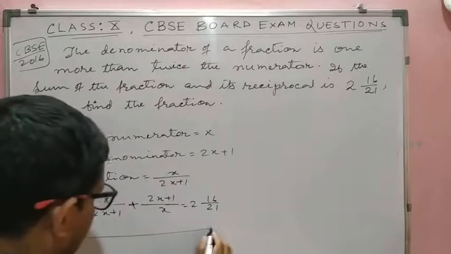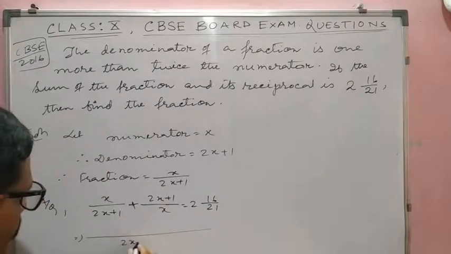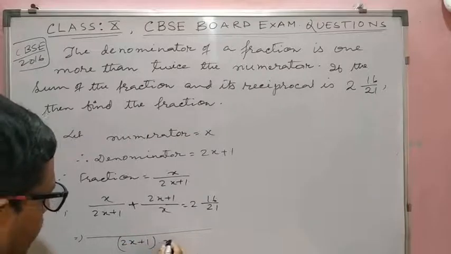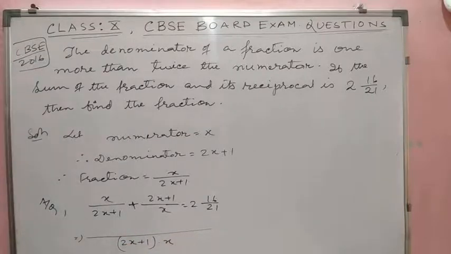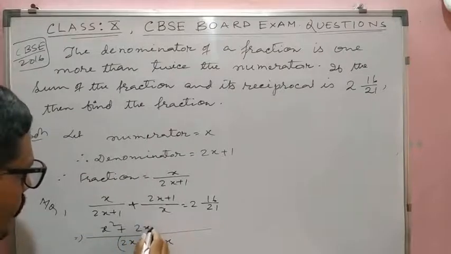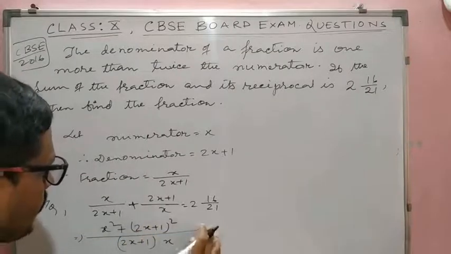If we take the LCM here, the LCM will be 2x plus 1 whole into x. Now according to the rule, this is to be divided by this, so this and this will cancel, x will remain. So x will be multiplied with this x, so it will be x square. Now again, this is to be divided by x, so x cancels, this will remain, and this has to multiply with this, so it will be 2x plus 1 whole square.